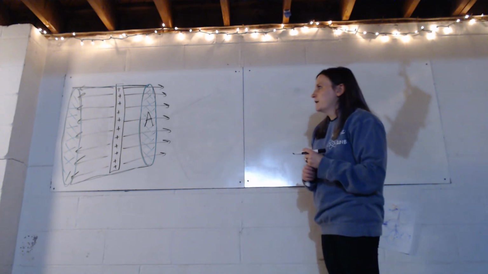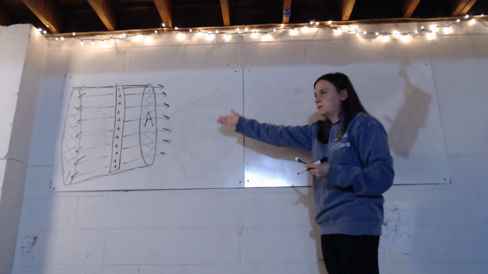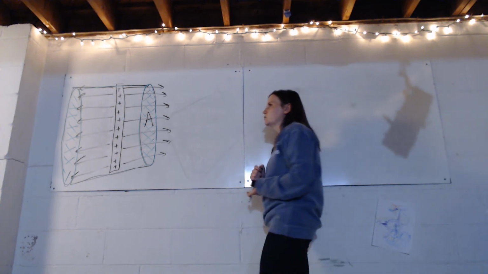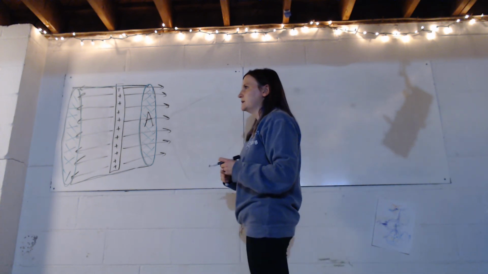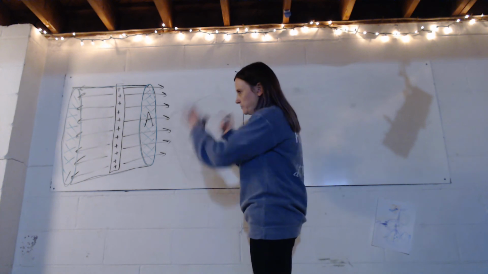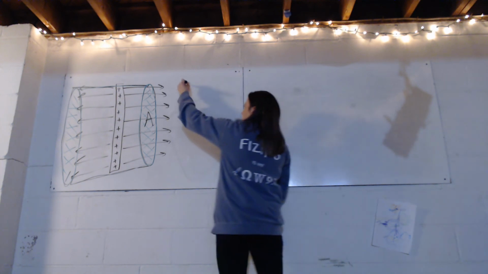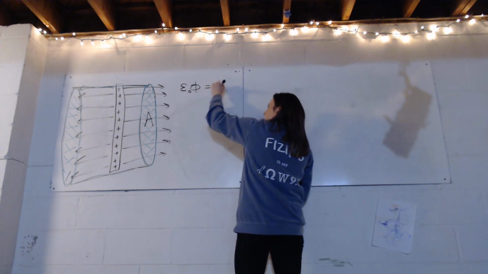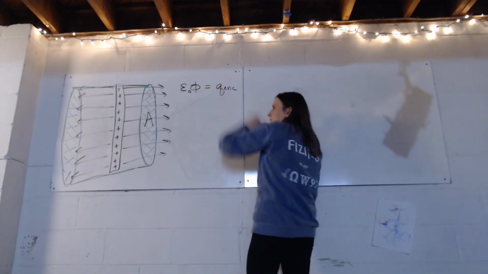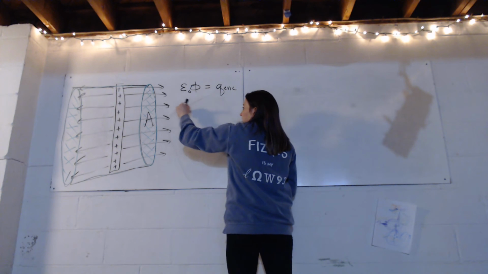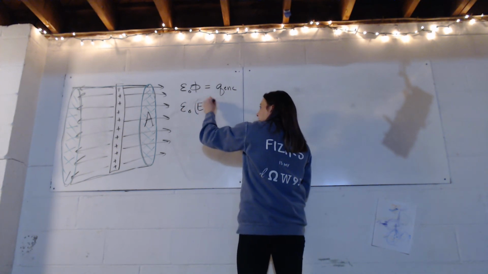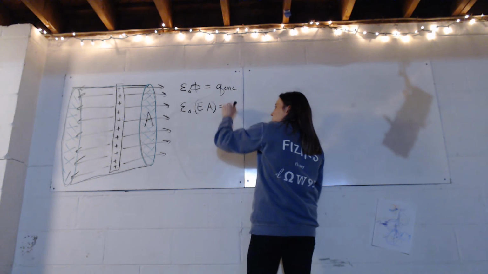And so again, if I want to find A, it's pi r squared. But if I were going to try and find the application of Gauss's law, I would say epsilon naught times my net flux is equal to charge enclosed. And epsilon naught times my net flux is E times A is equal to charge enclosed.